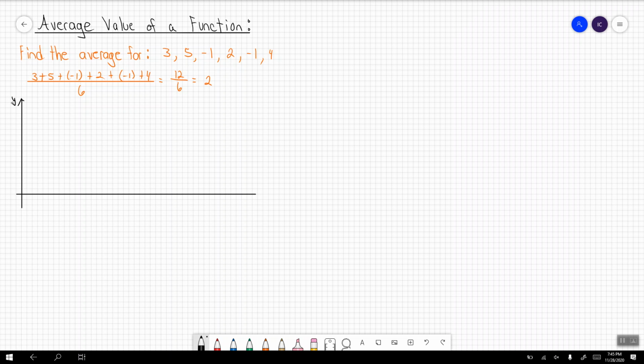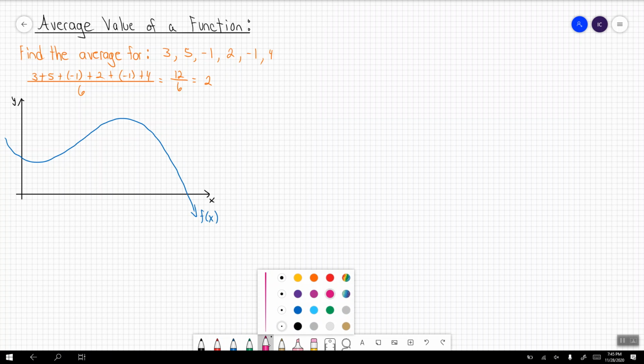Okay, so I have my y, and I'm going to have my x values here. My function, let's call this function f of x, is going to be bounded by some interval between a and b. So we'll go between some a value and some b value.